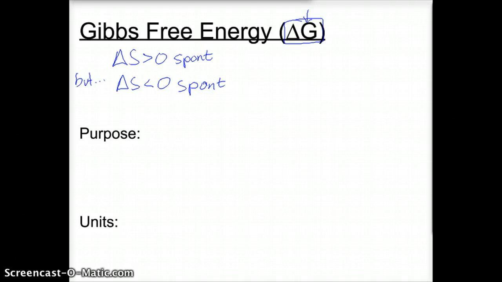We've also learned that delta H greater than 0 or delta H less than 0 can also sometimes be spontaneous reactions, but not always. What we need is a function that will allow us to always predict whether or not a reaction will be spontaneous.